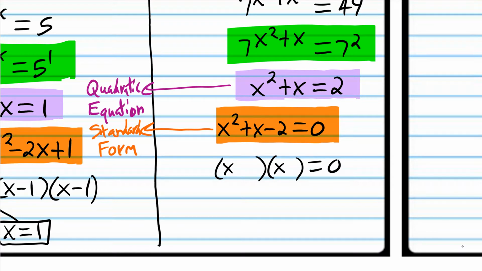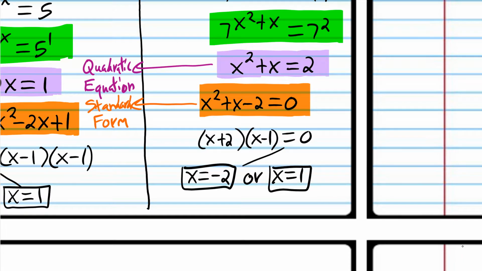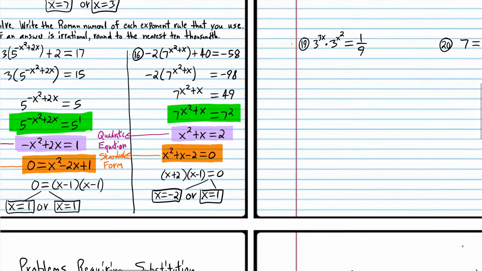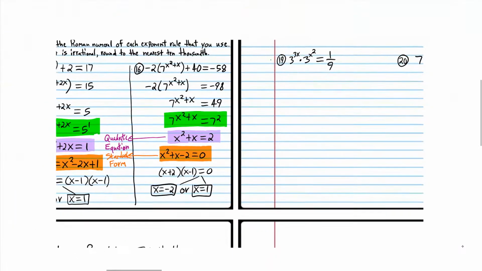So that would be +2 and -1. So now we see that one solution is -2 and the other solution is 1. So if you got those answers, that's very good. Good job. I'm proud of you.